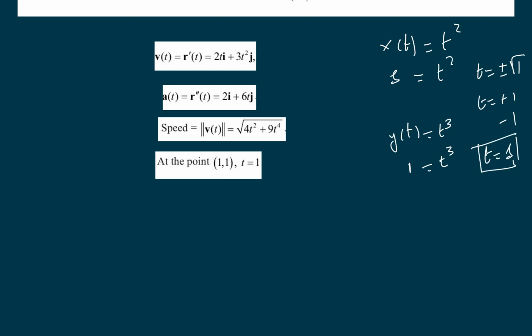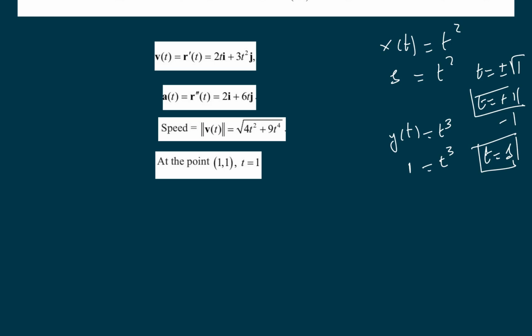So t equal 1 is the time when the object is at the position (1, 1). There is no other time. We cannot choose t equal minus 1 because the object is not at y equal 1 when t equals minus 1.